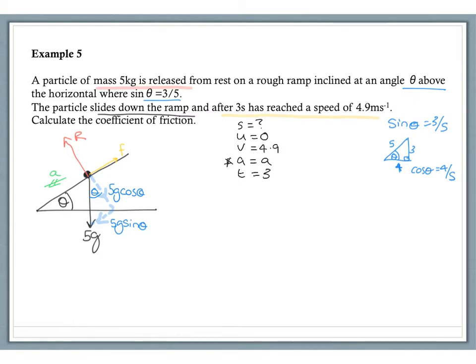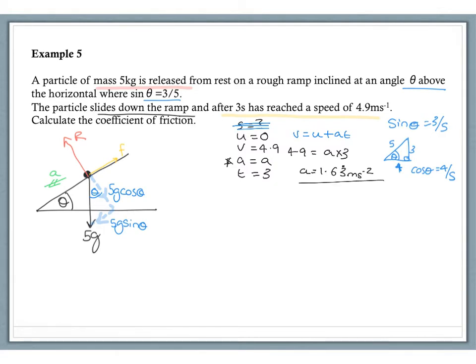So excluding s, because we don't have any information about it, we can use the Suvat equation v equals u plus at. So 4.9 equals a multiplied by 3, which gives us an acceleration value that is equal to 1.63 recurring. So we have our acceleration ready to use.